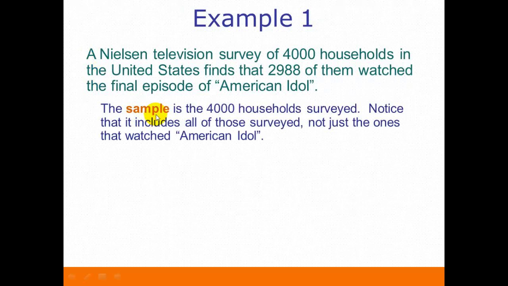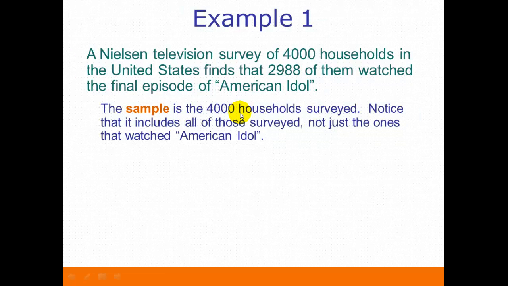So this would be the 4,000 households that were surveyed. Notice, again, this includes all of those surveyed, not just the ones that watched American Idol. So the 2,988 number is data that we collected from our sample, but it is not the entire sample.